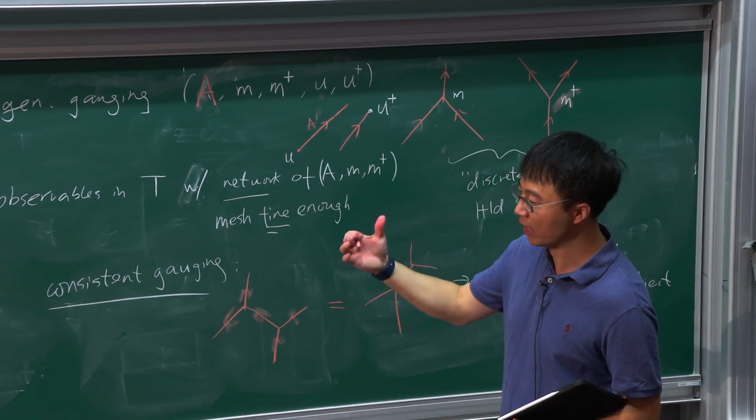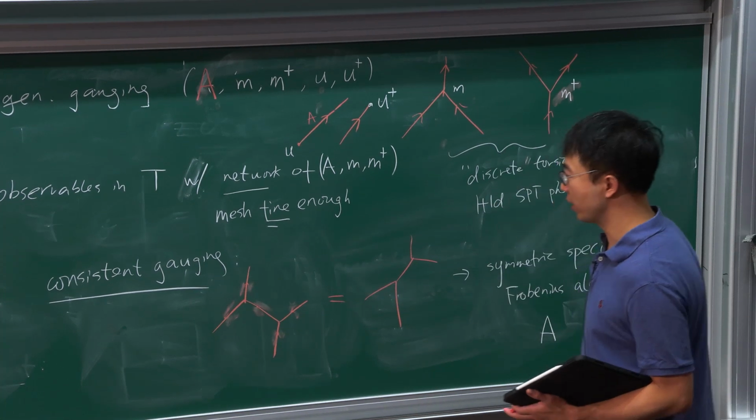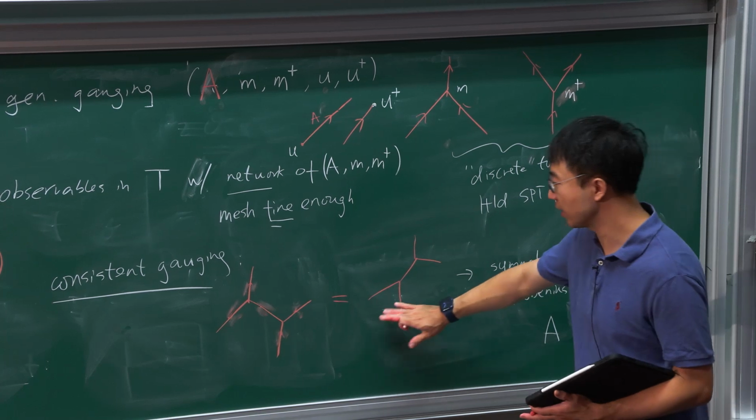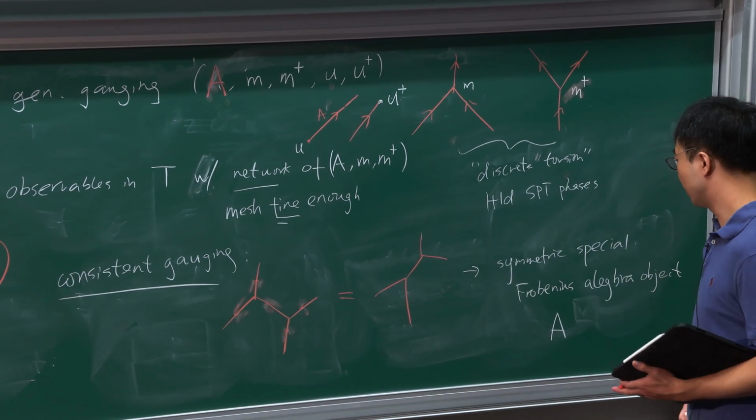Namely, the gauging produces observables which respect locality constraints. Okay, so here I'm only writing down the ones that correspond to the Frobenius condition.